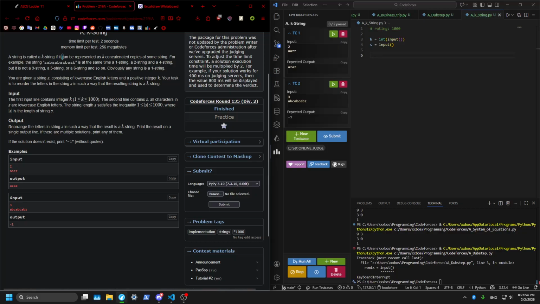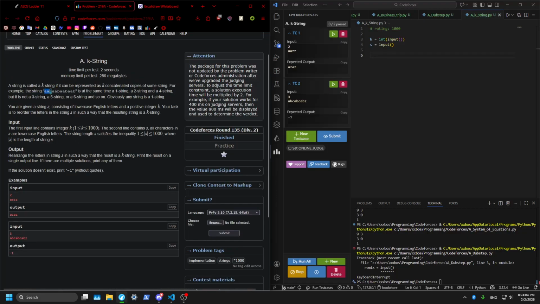K concatenated copies of 1 string. So 1 string, 2 string. A B is a 4 string, and this is a 2 string, and this is 1 string. Okay, I see. So we want to make this a 2 string.